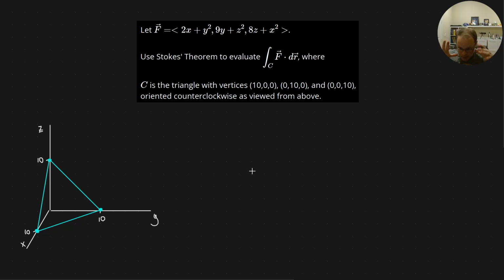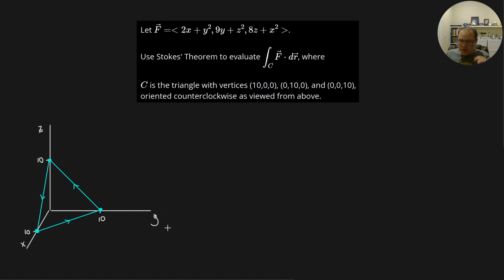So if I'm looking down the positive z-axis, it would be oriented counterclockwise. So that means we would be going this way. We're already kind of looking at it from above, right? The way I've drawn it, we have more of an above perspective of it.